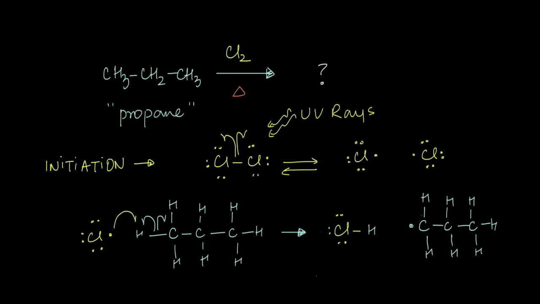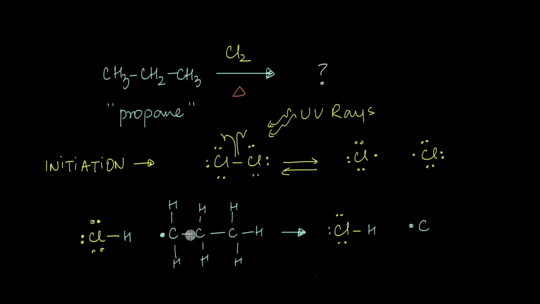So whenever a chlorine radical abstracts a hydrogen from propane, this will lead to the formation of a new carbon radical, right? Let me draw a more condensed form of this radical. So I'll be left with nothing but a CH2CH2CH3 radical, right?